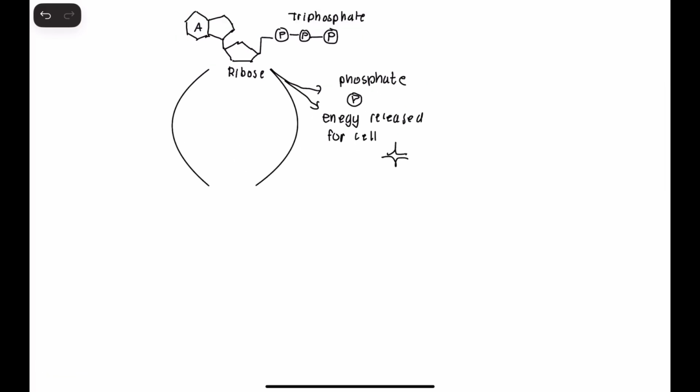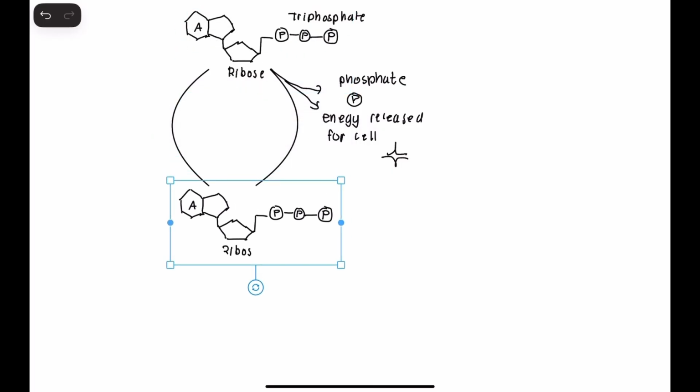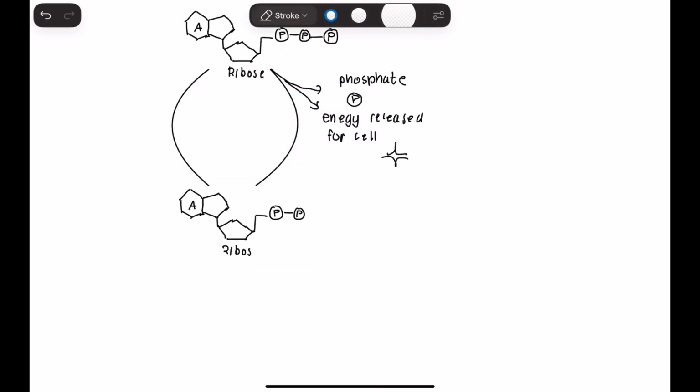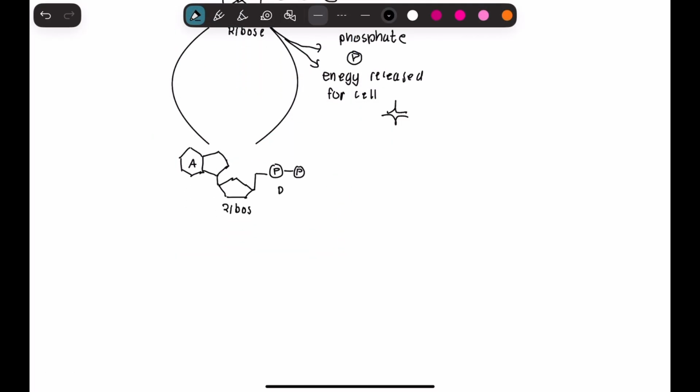What you're left with is the same thing, but with one phosphate gone. So that's going to be your diphosphate. That's going to be your ribose here, and here is your adenine. So this is going to be your ADP.